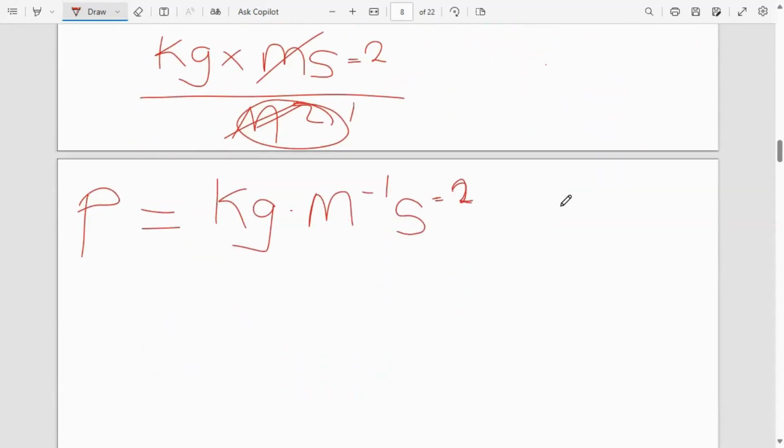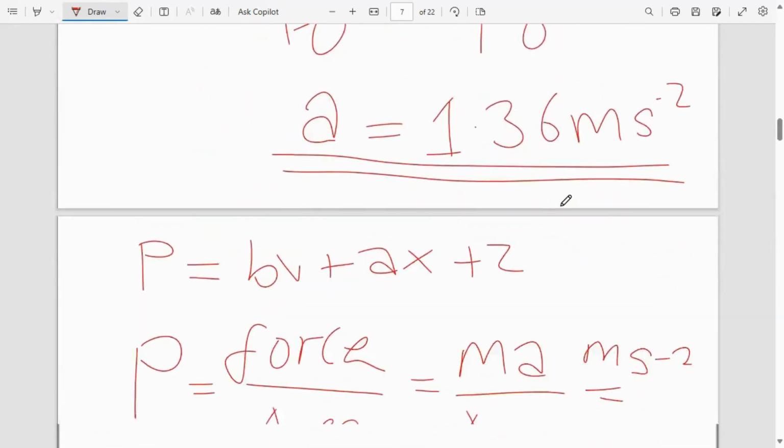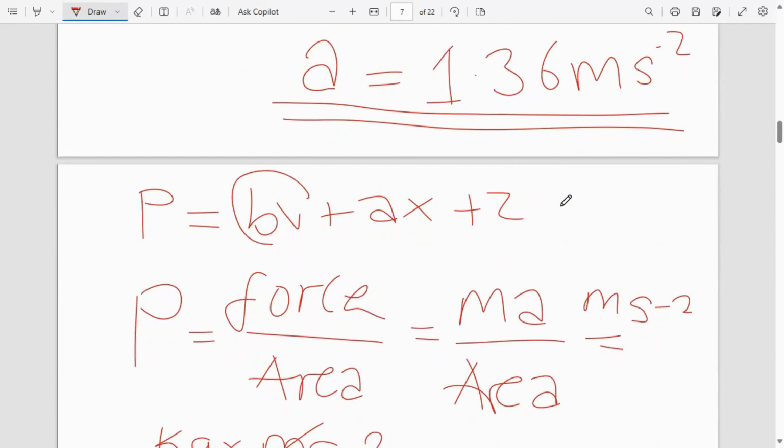Now, what are we going to have? We're going to see that this pressure has been equated to these individual expressions on the right-hand side. And what does that mean?